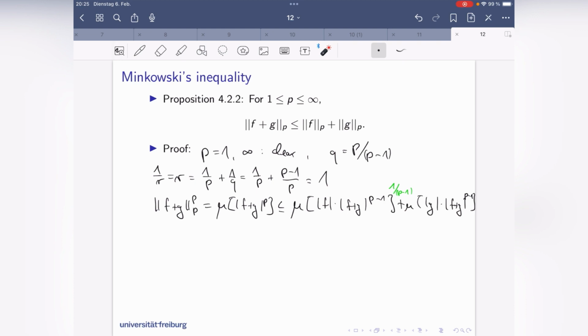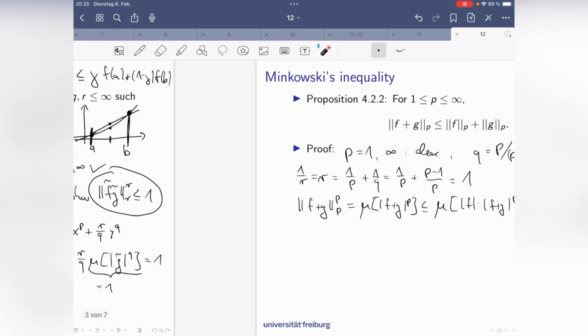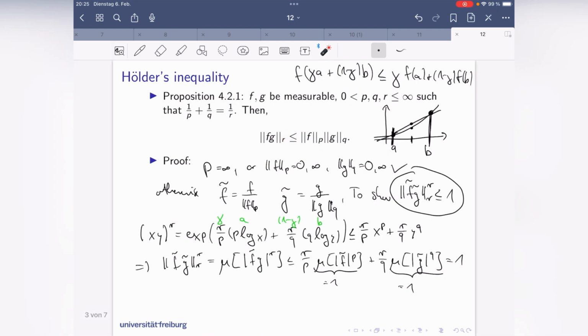Then I would have here the p minus 1 norm of this thing here. But on this side here, well, let's look at the Hölder inequality. At the side of the product, I need the r norm, and r was 1.